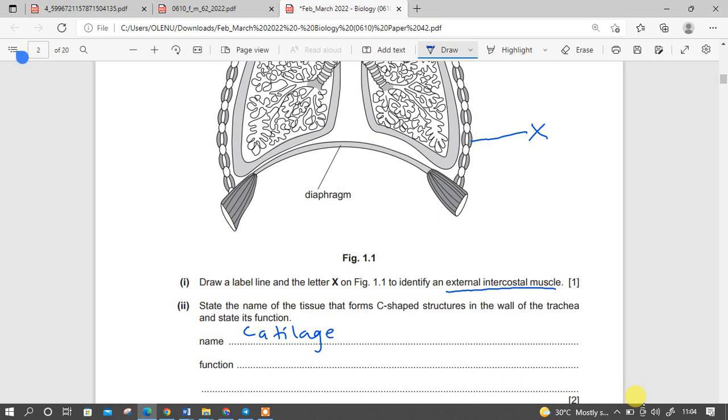And the function is it helps to keep the trachea open so it won't collapse.